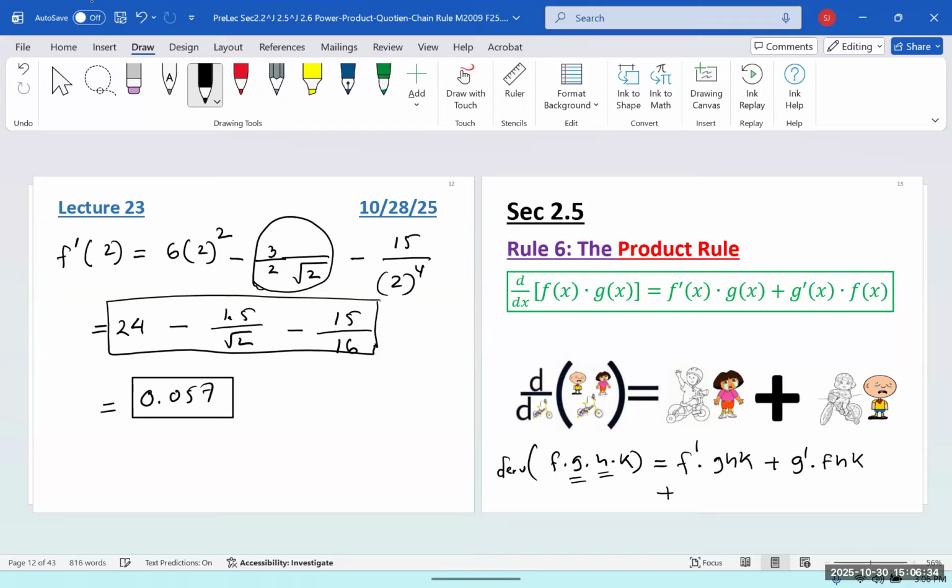Plus, next take the derivative of the third function, h prime. Multiply by all the other 3 functions unchanged. So f, g, and k. And the last thing we have is the last function to find the derivative of. So the derivative of k times f, g, h. Take the derivative of one function at a time and multiply by the other functions, the original ones.